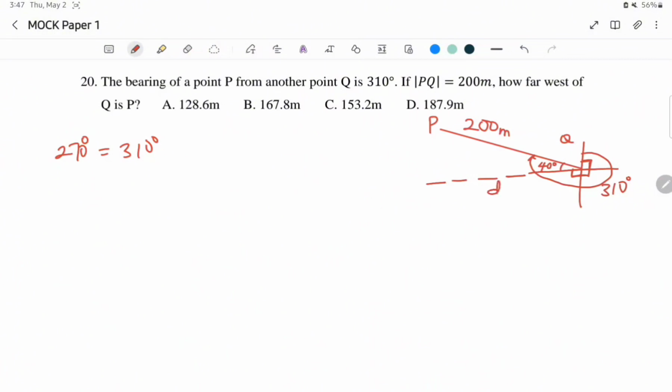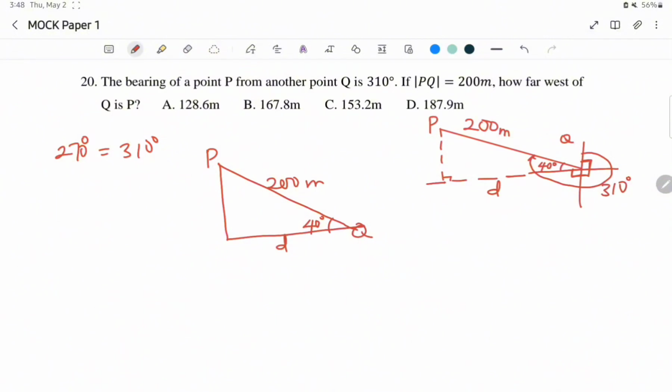Let's represent it with D. So if you make a vertical line you see that it is perpendicular to this. That means we have a right angle triangle. This is point Q, this is point P, this is 200 meters, this is 40 degrees, and this is the distance we are looking for.